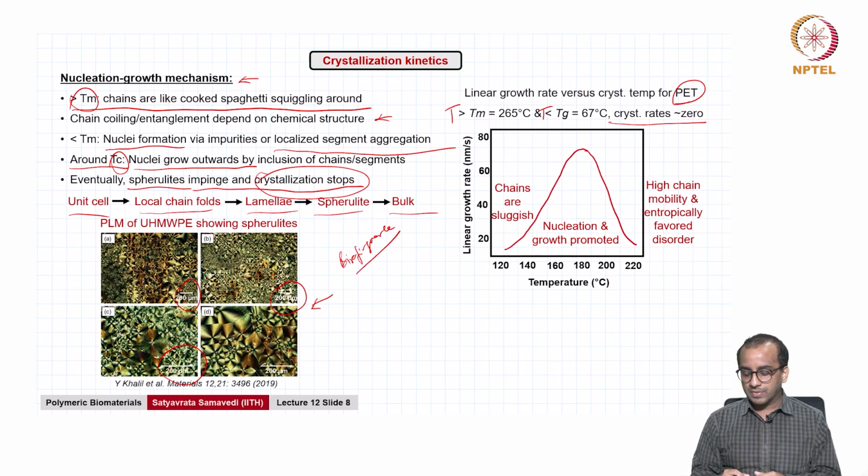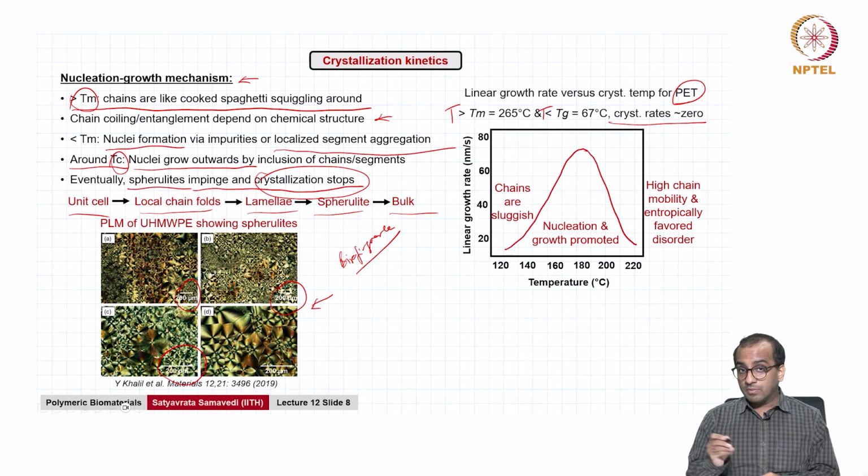Question is why? So, shown here is a plot of the linear growth rate of the crystals versus temperature. Now, remember that the melting temperature of this polymer is 265.